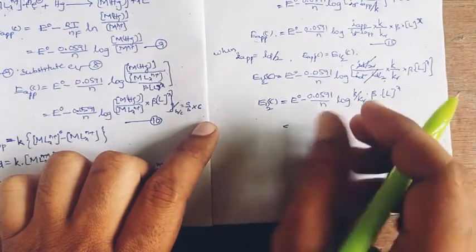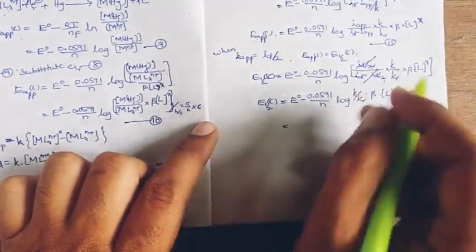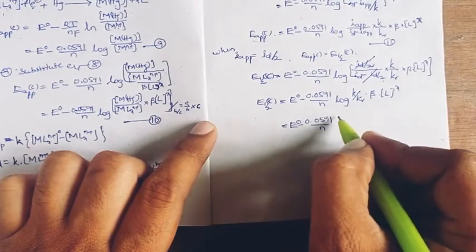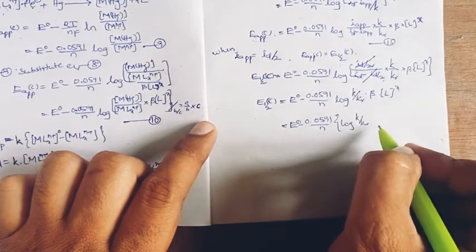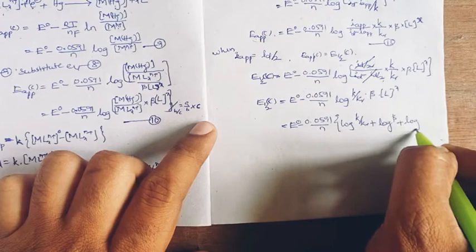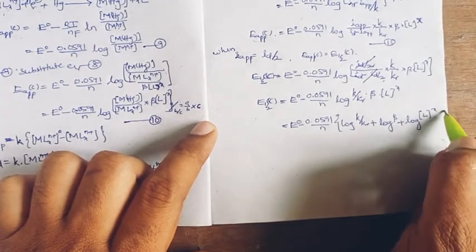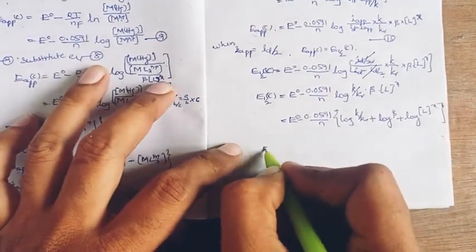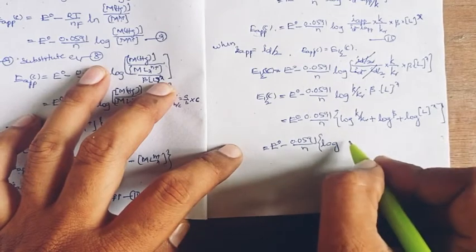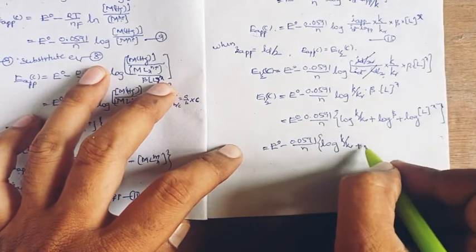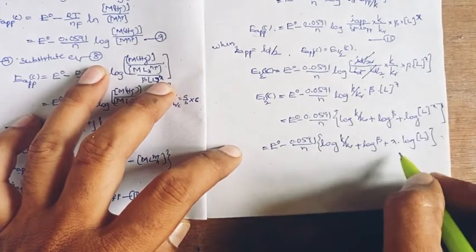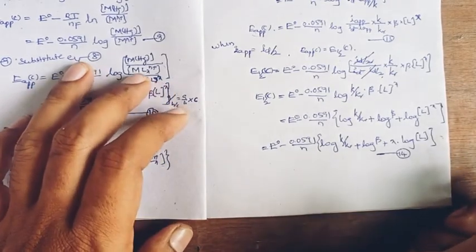While we expand the log term, it equals E naught minus 0.0591/n into log k/kr plus log beta plus x into log concentration of ligand. This is equation number 14.